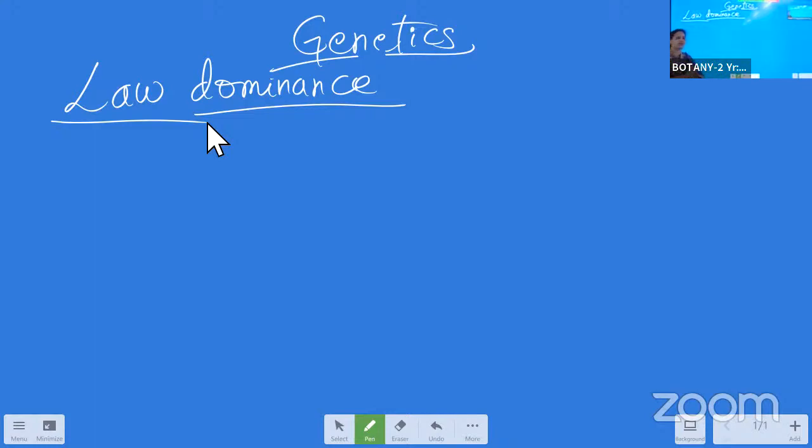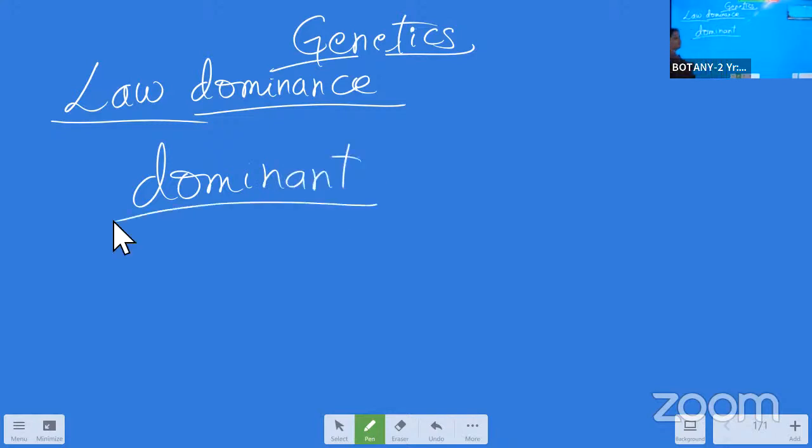Dominance means the character which is going to be expressed in all the generations without any change. That is called the dominant character. Dominant character means the character which is expressed without any change from generation to generation.